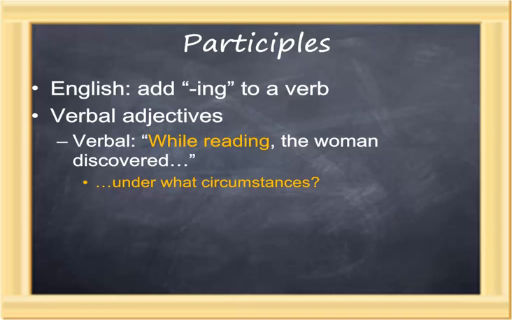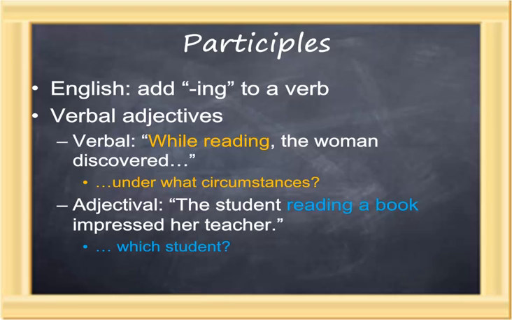An example of a verbal use of a participle is the sentence, "While reading, the woman discovered." The phrase "while reading," see the ing form, answers the question, under what circumstances did the woman discover? It's an adverbial usage of the participle.